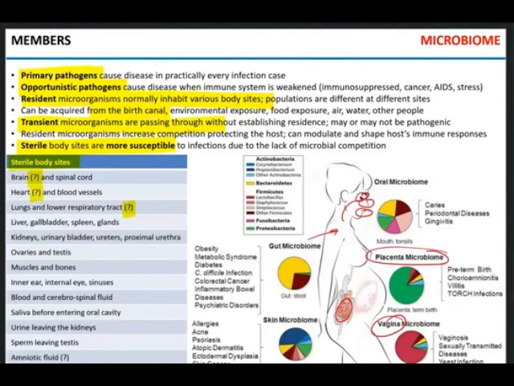Any incoming pathogen would face serious issues with overcoming that competition. If that same pathogen somehow makes its way to the liver, you're boned. There's no competition. Ideal environment for microorganism to grow. So sterile body sites are actually more susceptible because they don't have that microbial competition.